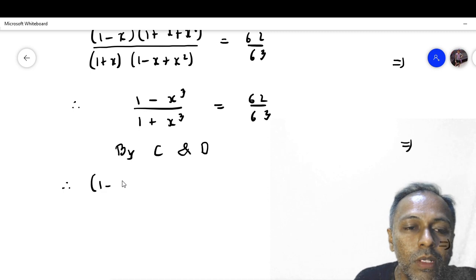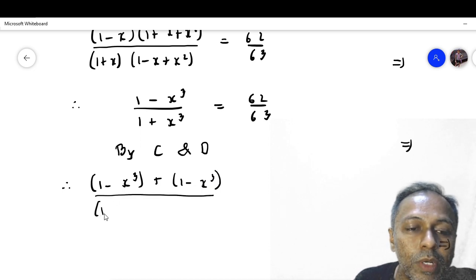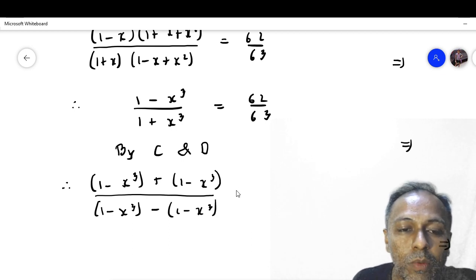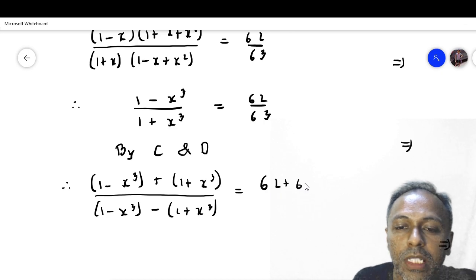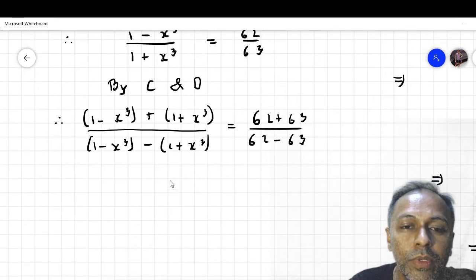This will now become 1 minus x cube plus 1 plus x cube upon 1 plus x cube minus 1 minus x cube is equal to 62 plus 63 upon 62 minus 63. We'll continue.